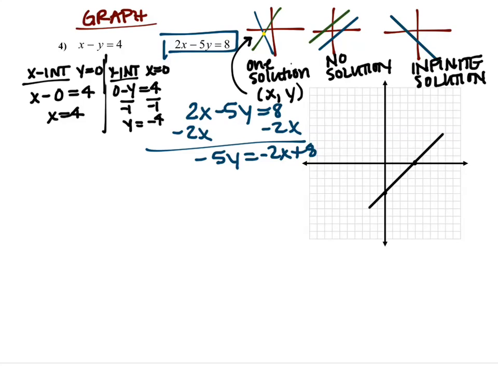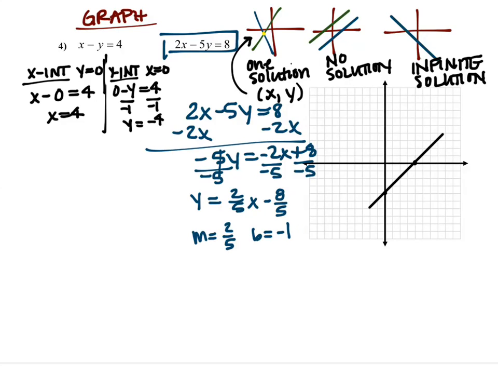Then I divide all terms by -5 and find that y in fact is 2/5 x minus 8/5, and 8/5 can be converted into 1 3/5. So the slope is a positive 2/5, and the y-intercept is -1 3/5.